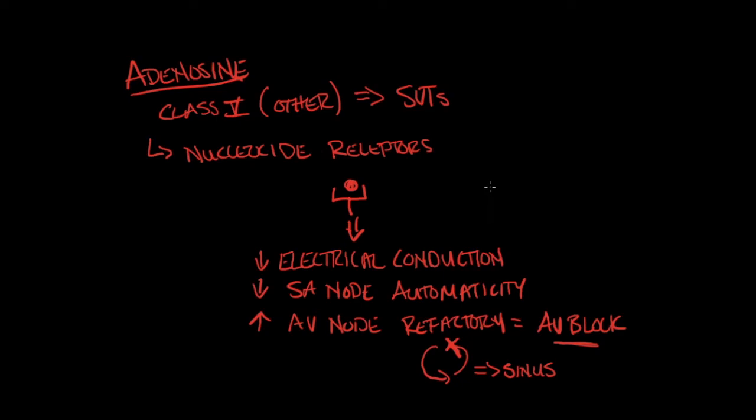Now the dose for this is the first dose being 6 milligrams followed by 12 milligrams. But adenosine has a very short half-life, so this needs to be a rapid IV push.